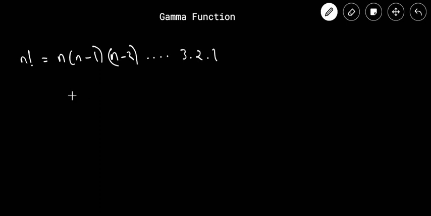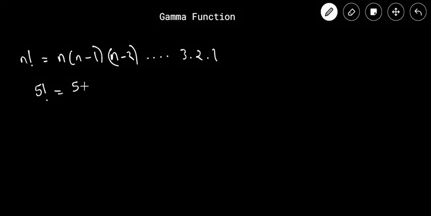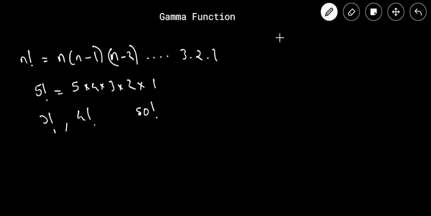All right, so we know how to calculate 5 factorial. Like 5 factorial is 5 times 4 times 3 times 2 times 1, right? And we know how to calculate 3 factorial similarly, and 4 factorial, and if you wish to find 50 factorial, we can even find those factorials, right?